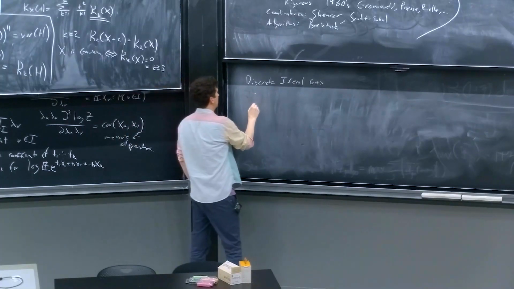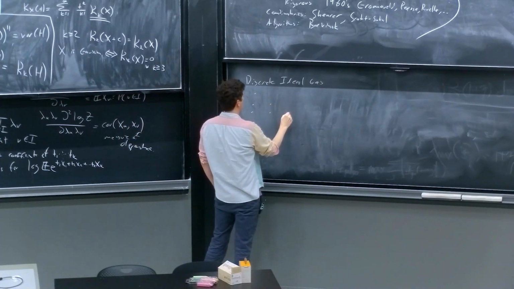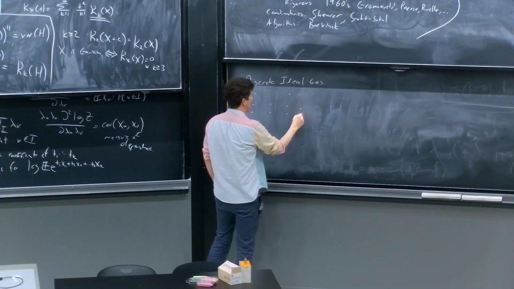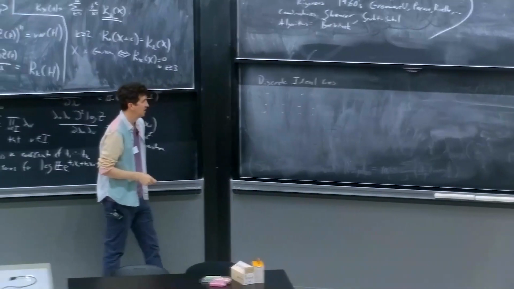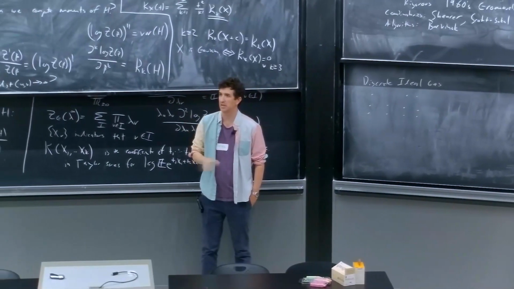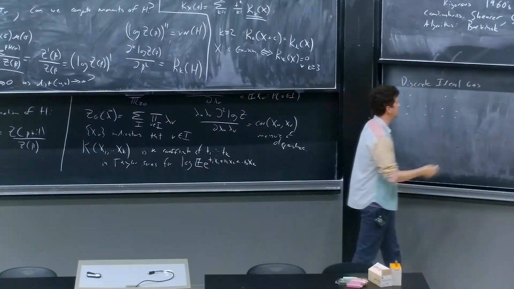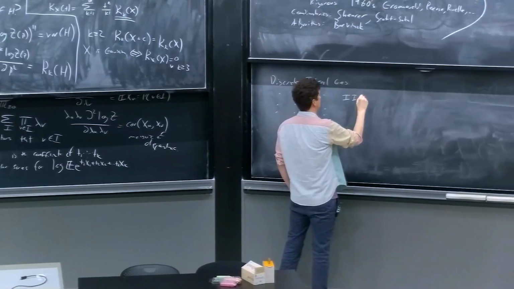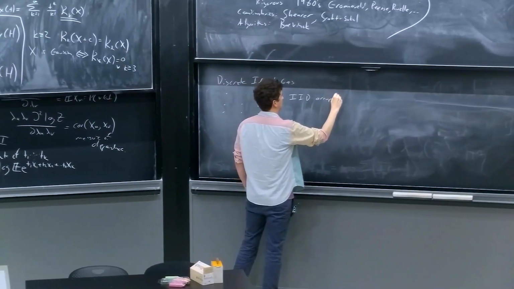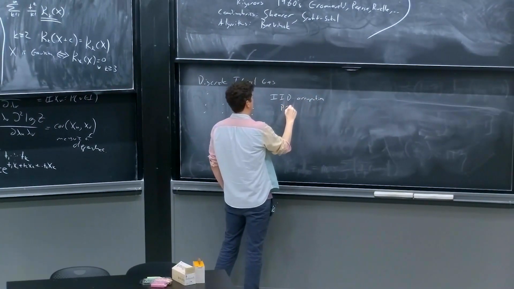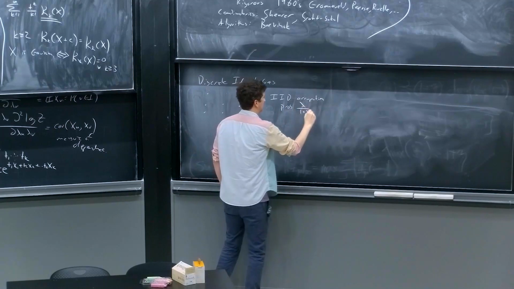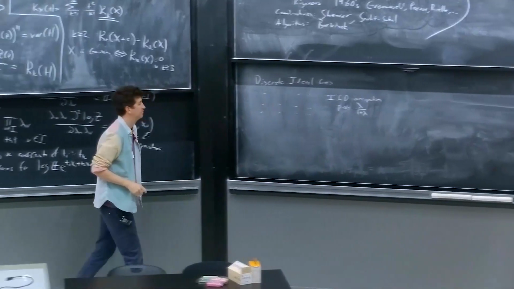Well, this is just going to be like the hardcore model. These are possible sites for gas molecules, but there are going to be no edges. It's just going to be an empty graph on n vertices. Okay, so that's my discrete ideal gas. It's basically IID occupation with probability lambda over 1 plus lambda.